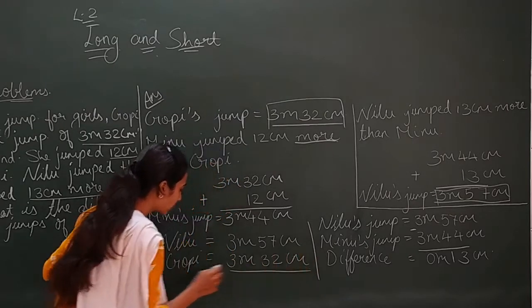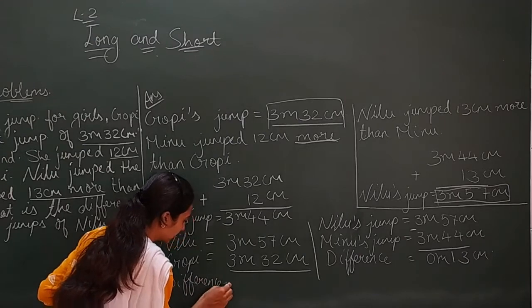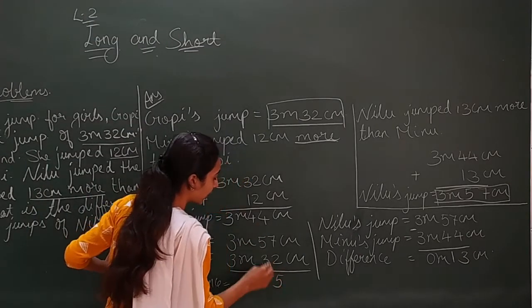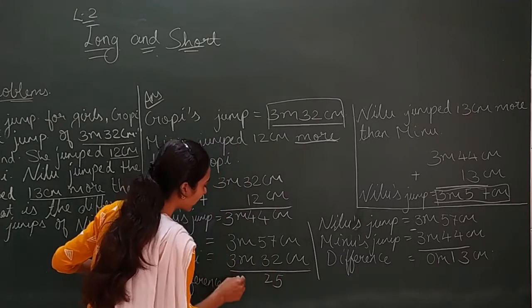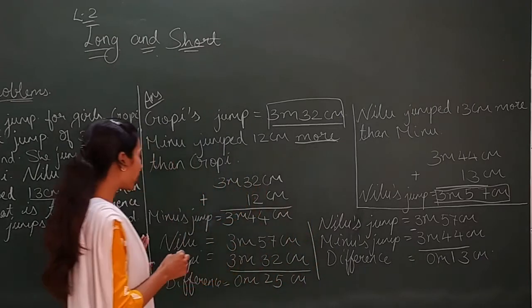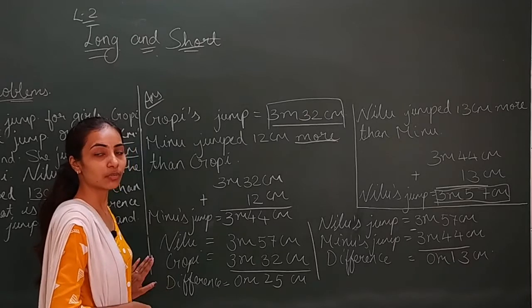So the difference we will find: 7 minus 2 is 5, 5 minus 3 is 2, and 3 minus 3 is 0. So the difference between the jump of Nilu and Gopi that we found is only 25 centimeter, 0 meter 25 centimeter.